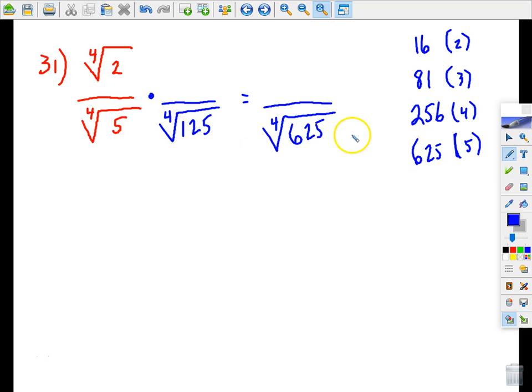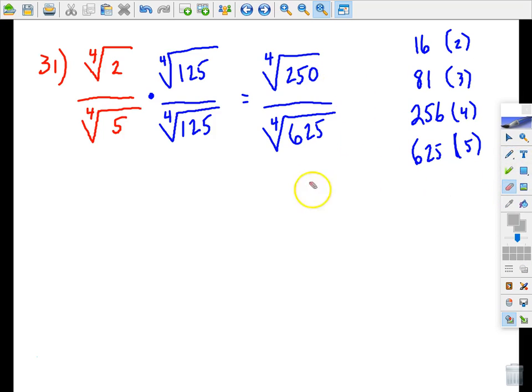So what we've done here is we found the radical that would multiply by 5 that would produce a perfect 4th root radical. And since we're going to have to multiply the bottom by the 4th root of 125, then we're also going to multiply the top by the 4th root of 125. So the numerator is going to be the 4th root of 250.